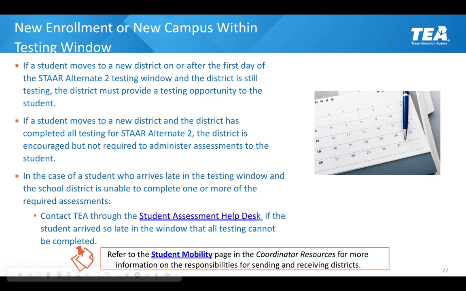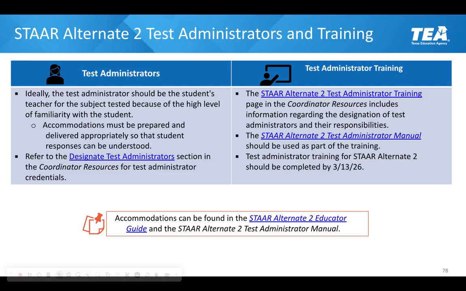If we are unable to administer a test to a student, we do need to contact TEA. All test administrators must be trained and must read the manual. And ideally, a test administrator for STAAR Alternate 2 would be a teacher who is familiar with the student.